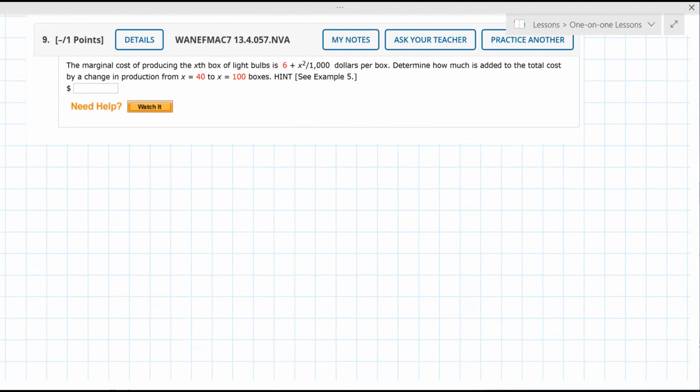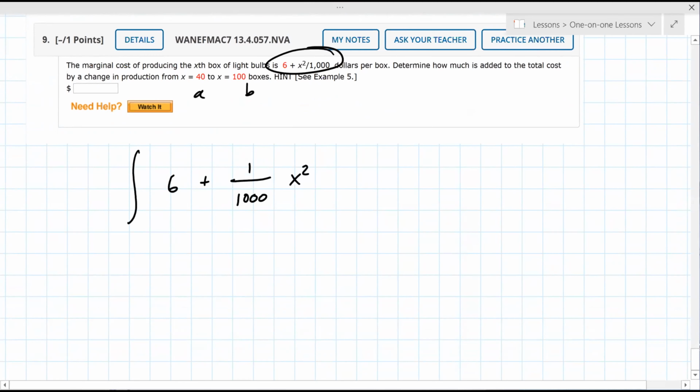All right, so this one again, they give you a function and they give you a to b. This one is doable by hand, but we'll just end up using the calculator for the actual calculations. I'm going to write it slightly different. It's 1 over 1,000 times x squared dx from 40 to 100.